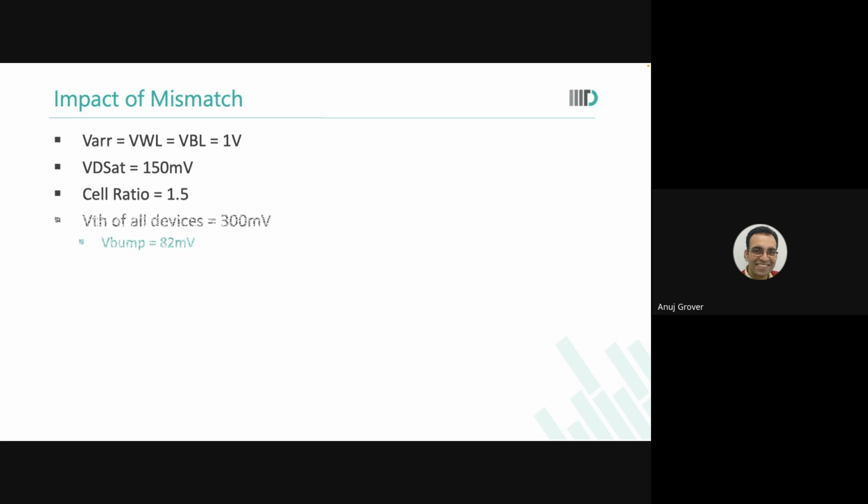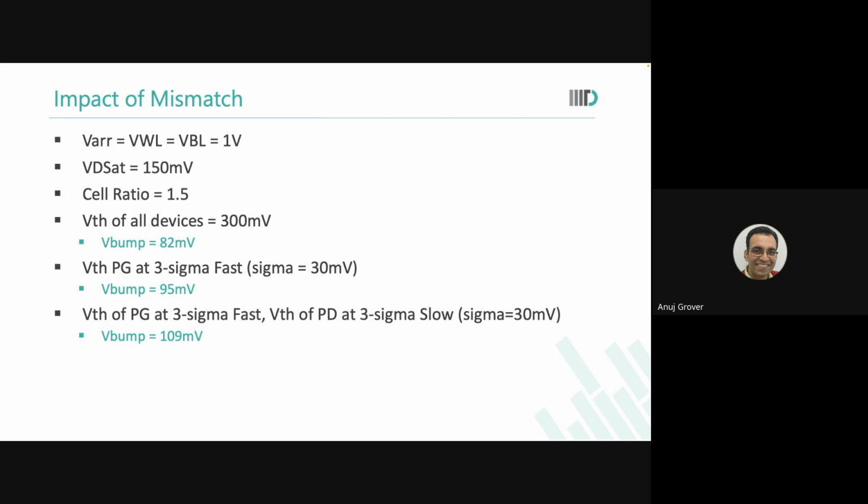Coming to mismatch, what happens when mismatch comes in? We have kept the cell ratio at 1.5. Our original value was 82 millivolts. With just the pass gate being a little faster, I lose 13 millivolts.